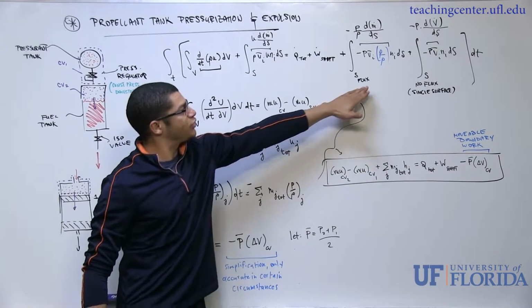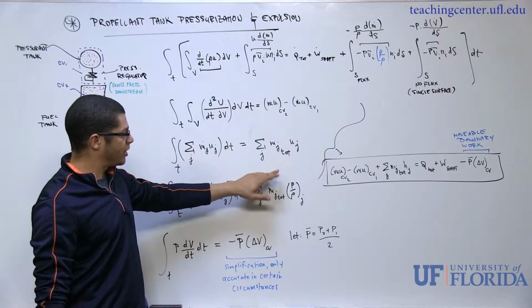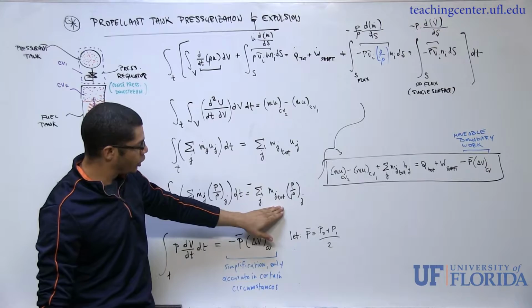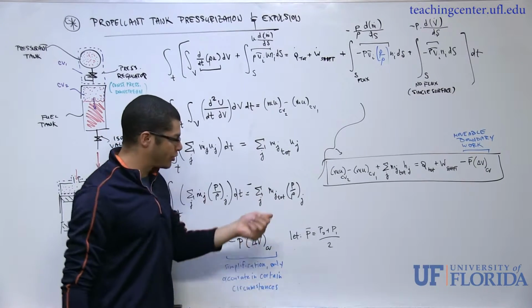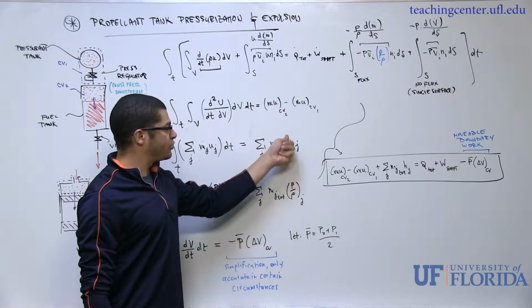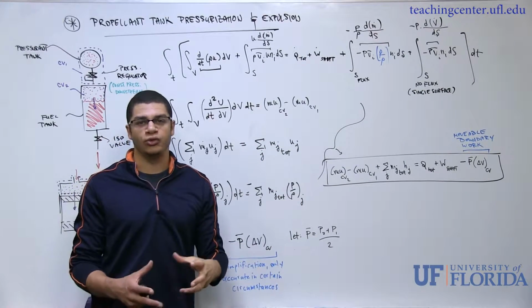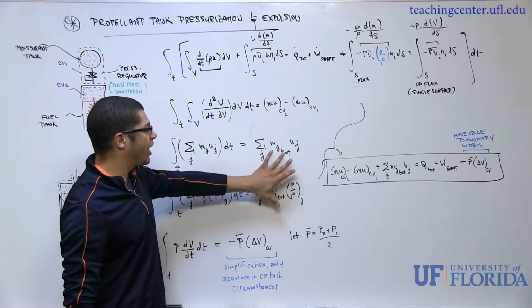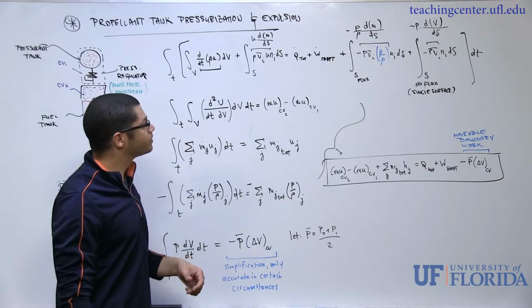If we move this term to the left-hand side of the equation, and you look at these two guys, what I'll end up having is the sum over all these discrete inflows and outflows of m_j total times u_j plus P over rho_j, okay? And this you should recognize as the definition of enthalpy. So what we'll have is the total enthalpy flux associated with all of the discrete inflows and outflows.